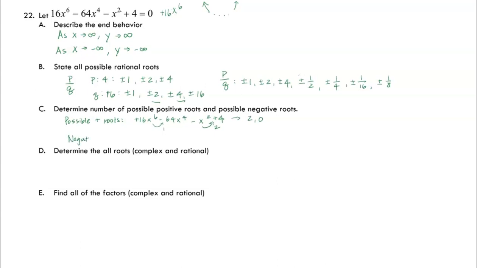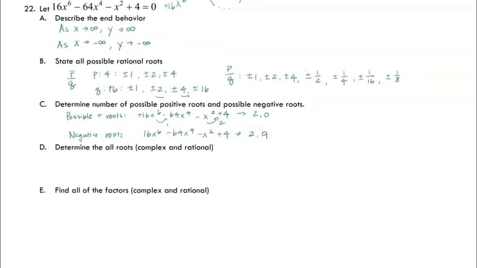Negative roots are going to remain the same because the exponents are even, so it's going to be 2 or 0.